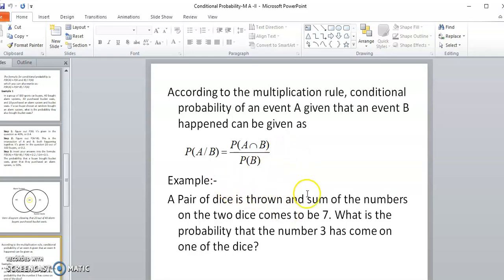Now, take an example. A pair of dice is thrown and the sum of the numbers on the two dice comes to be 7. What is the probability that the number 3 has come on one of the dice?